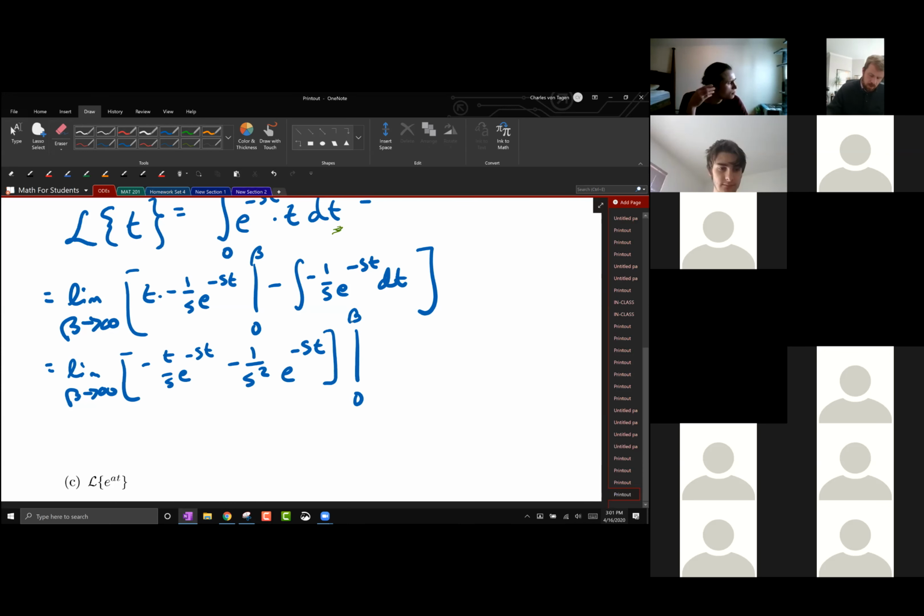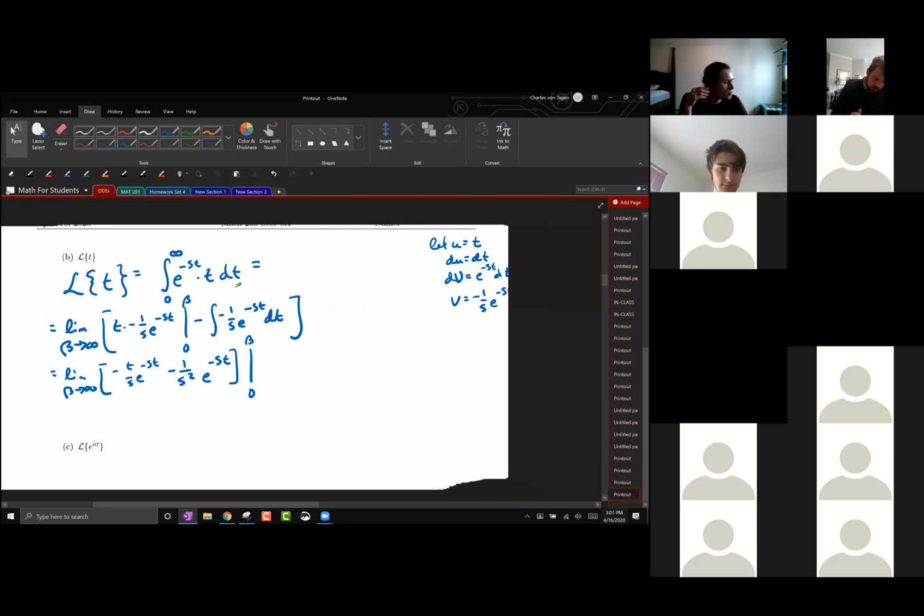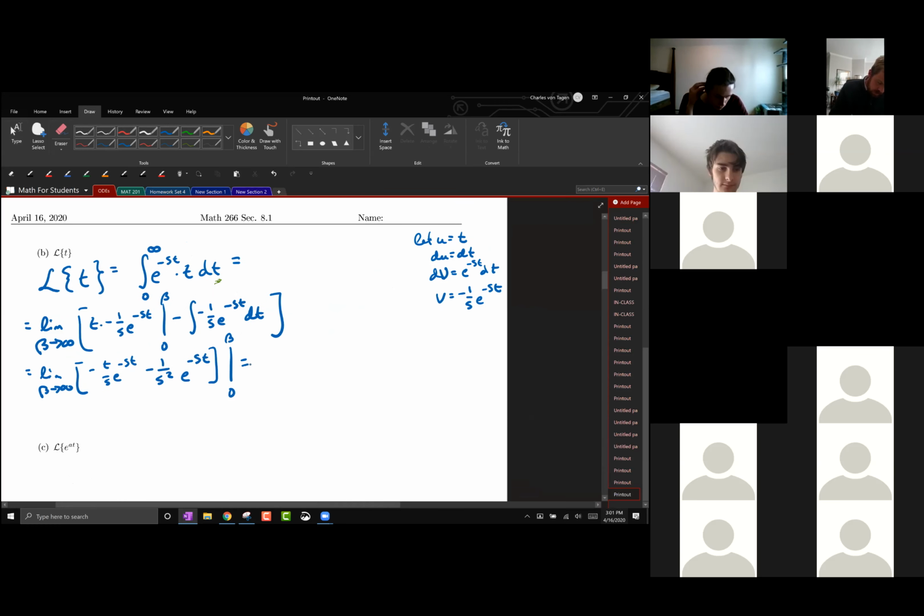Okay. So folks, let's write this out in gory detail. This is going to be the limit as beta approaches infinity of minus beta over s e to the minus s beta, minus, then we evaluate that at 0, so minus 0 over s e to the minus s times 0.